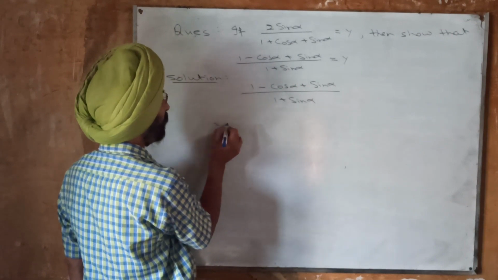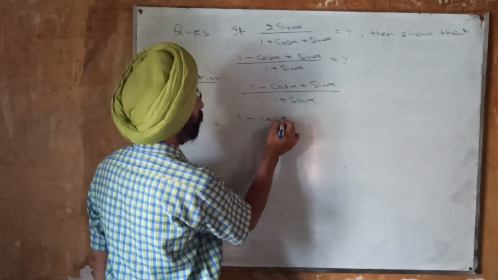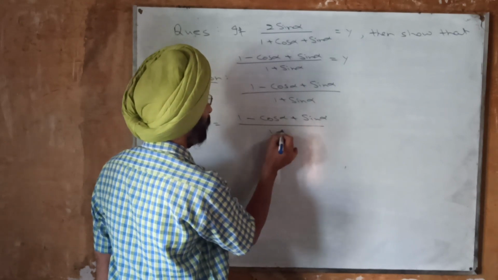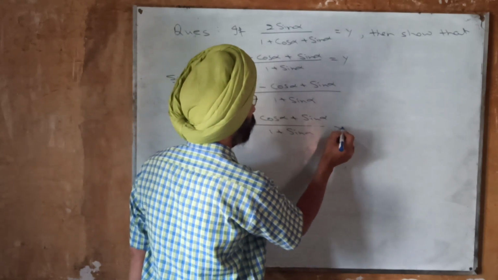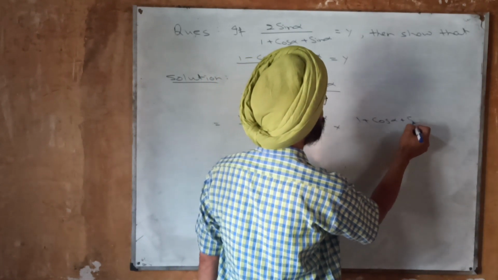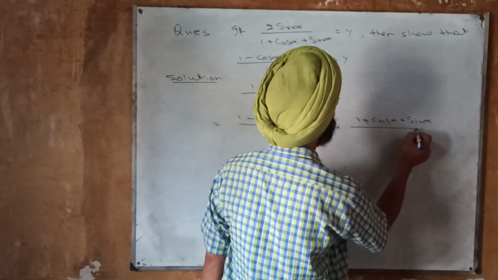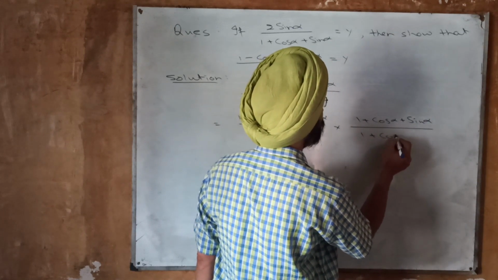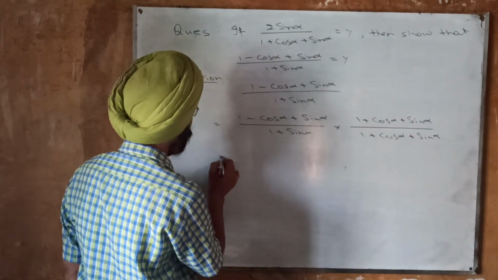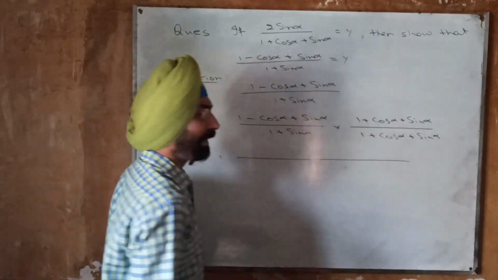So this term I am going to multiply and divide by 1 plus cos alpha plus sin alpha. I am multiplying by it, I am dividing by the same, 1 plus cos alpha plus sin alpha. Numerator I will solve.